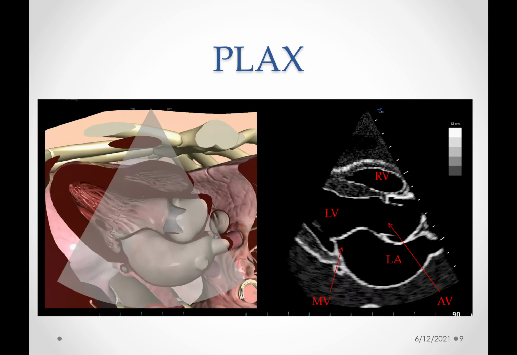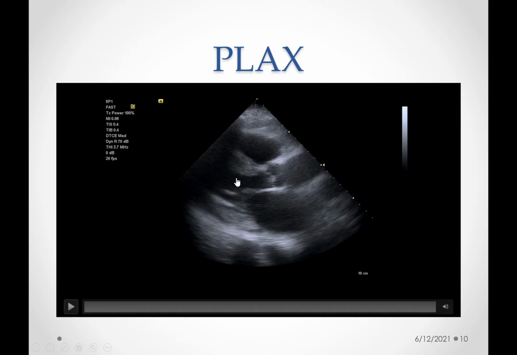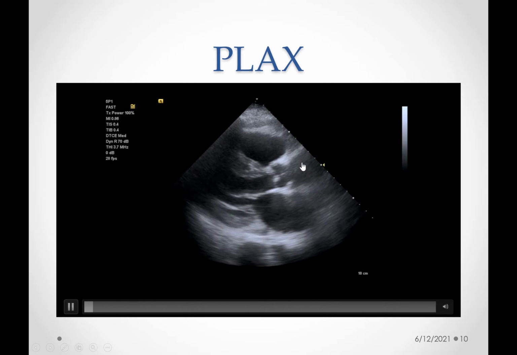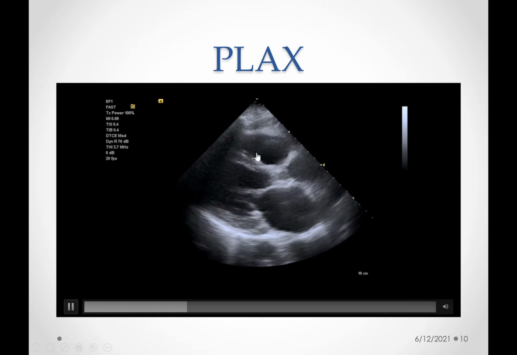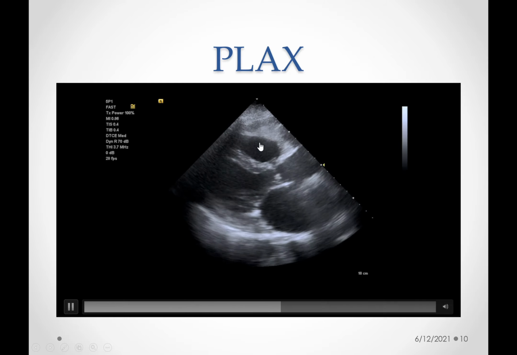This is a video of the parasternal long axis view. On the right side, this is the left atrium, left ventricle, and this is the aorta. On the top side of the screen, this is the right ventricle.